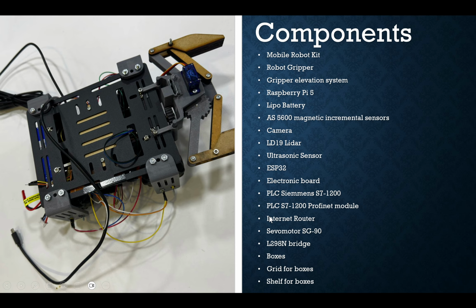We have the L298N bridges that are for controlling the motors. Boxes, obviously, as we are going to lift boxes and move them to another place. The grid for the boxes and the shelf for the boxes will be planned for the project as the starting and finishing point of the track.